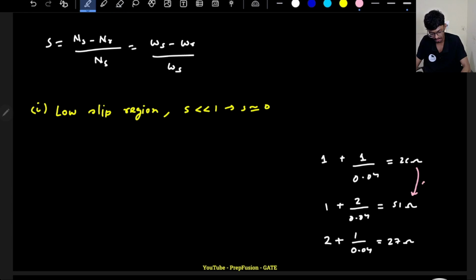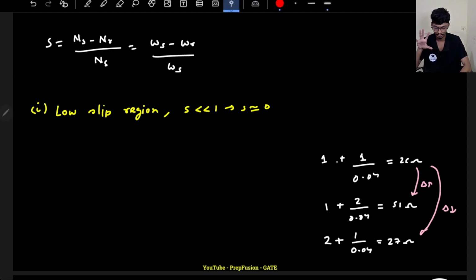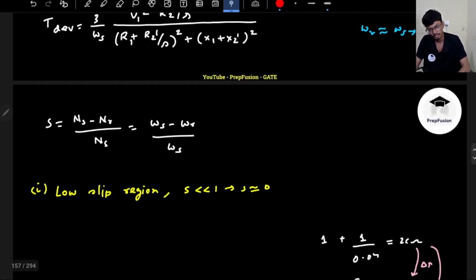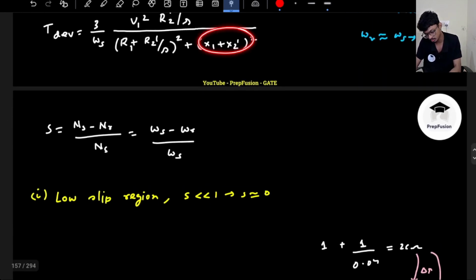So are you able to observe something? There is a huge delta here, but a smaller delta here. Why? Because if I change my R1, it does not make much of a difference in the final result. But if I change R2, it makes a big difference. So basically here R2 dash by s is a dominating quantity. Also x1 and x2 will be very low values.